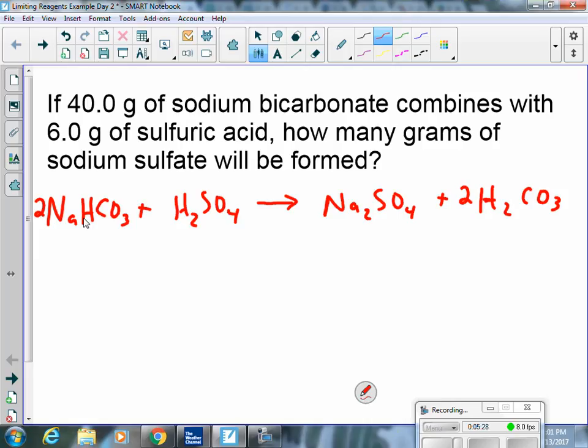We have to compare. And what I'm going to do is a mass-to-mass reaction, and it doesn't matter where I start, okay? Sam, you pick one of these. Which one do you want to start with? All right, he wants to start with sulfuric acid.